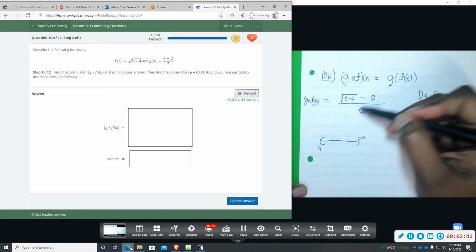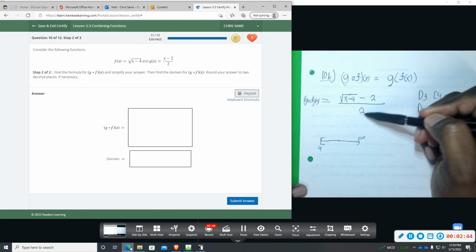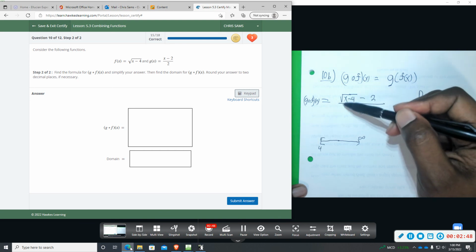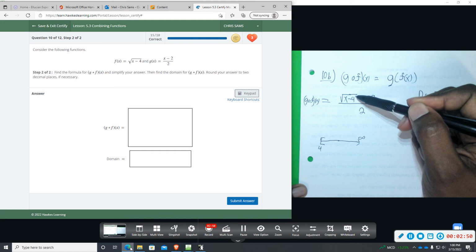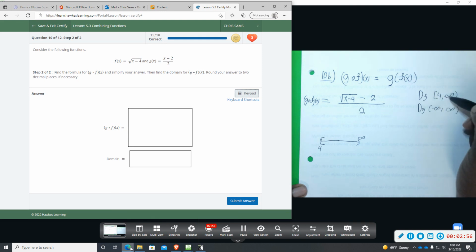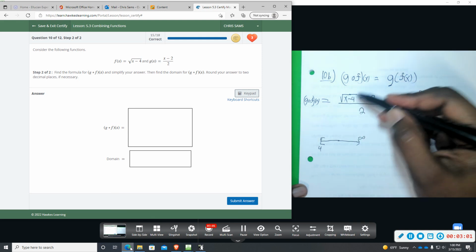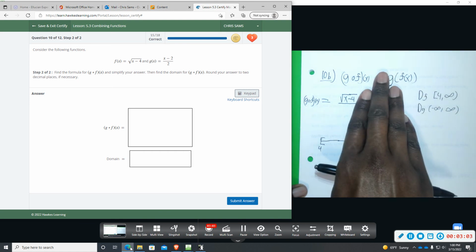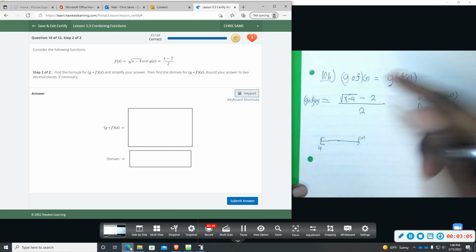And then from here, we're going to find the domain. So with this one, we have a fraction, but there's no x's in the bottom. So no restrictions there. We have a square root. If I solve this and find out what makes this 0 or negative, it's the same thing, 4 to infinity, because that's the same exact square root. Nothing changed. The outside doesn't matter, only what's under the square root.